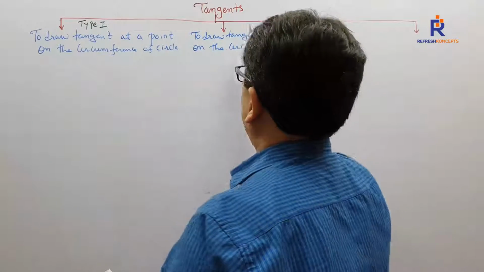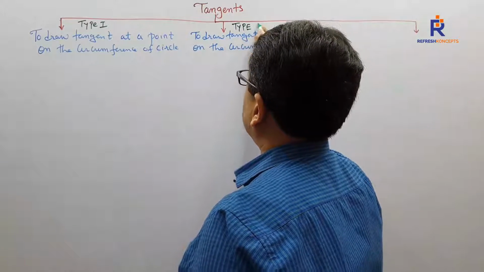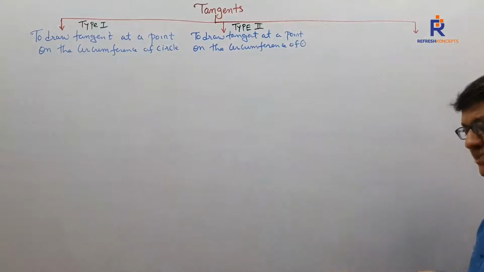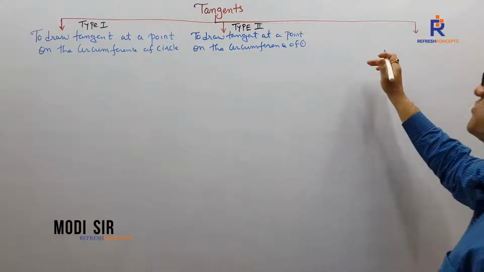I know what you all are thinking. I know very well what you people are thinking: Sir, there is no difference whatsoever in your type 1 and type 2. I really know that. And the last one is type 3.